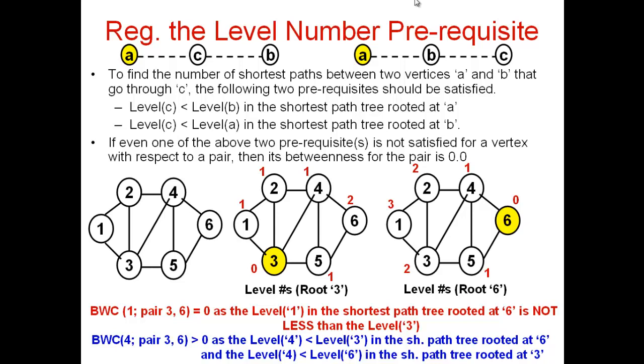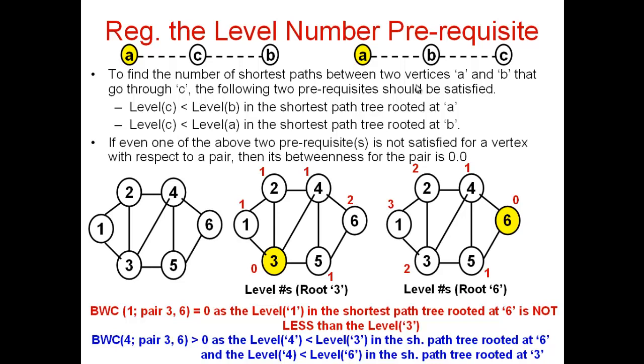So regarding the level number prerequisite, the prerequisite is this. If you are looking at finding what fraction of shortest paths between A and B go through C, from the results of breadth first search on to find the number of shortest paths, you should have figured out how to do that.